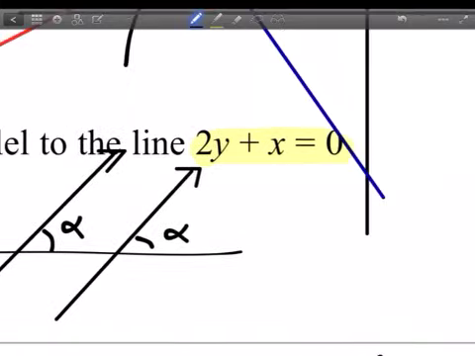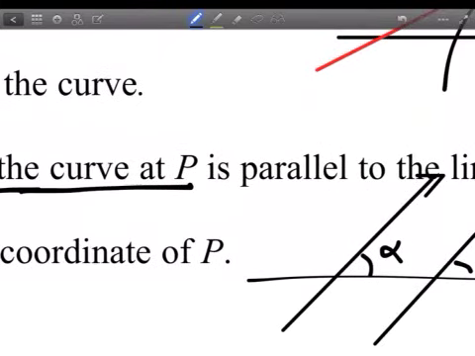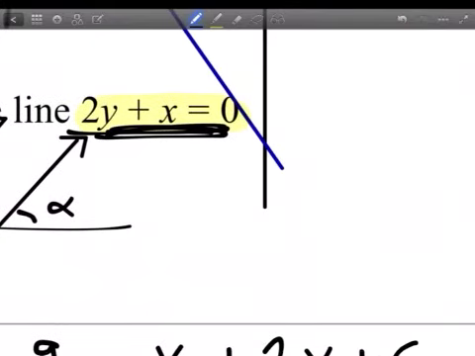Then if we know the slope of this line, we can find the slope of the normal. Then we have a rule for finding the slope from a linear equation like this.